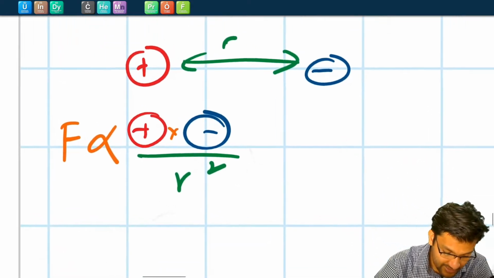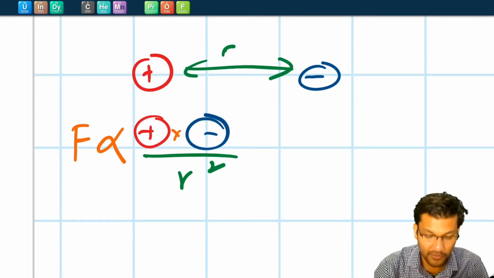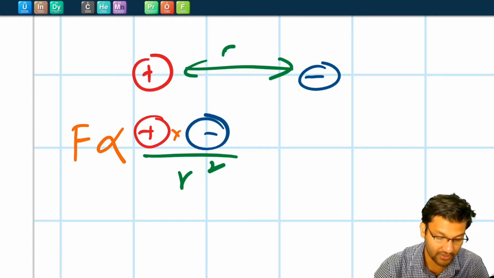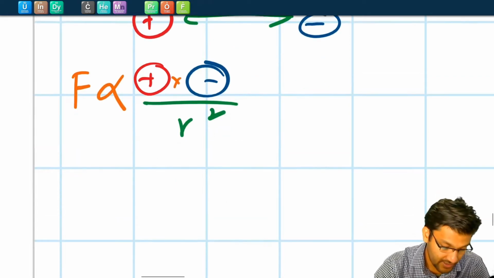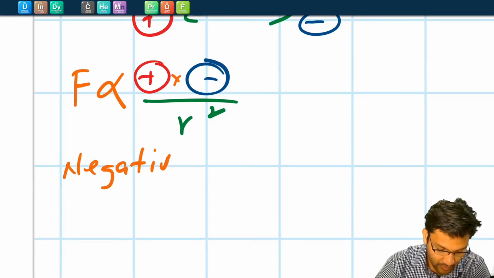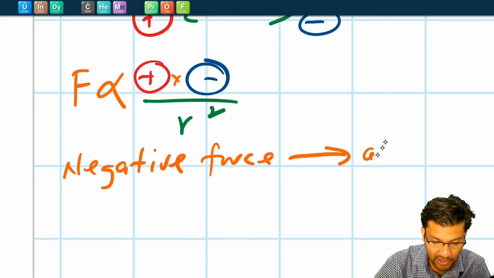As you can tell right away, if one's negative and one's positive, when you multiply them together, the force will be negative. If they're both the same charge, either both positive or both negative, the force will be positive. A negative force only happens when one's positive and one's negative, and a negative force is just an attractive force.